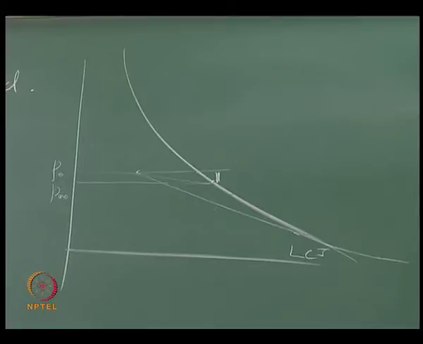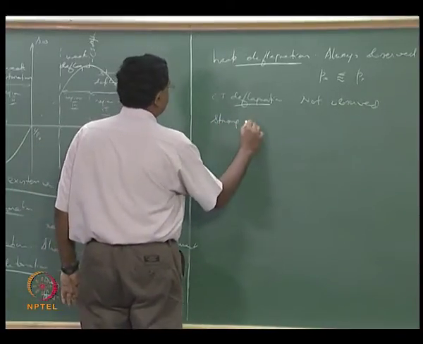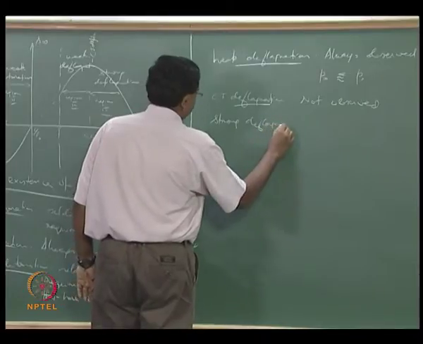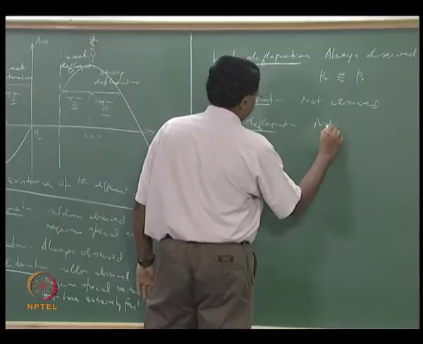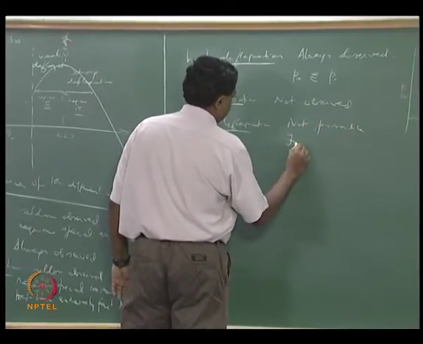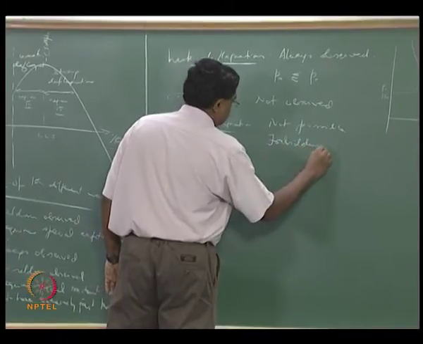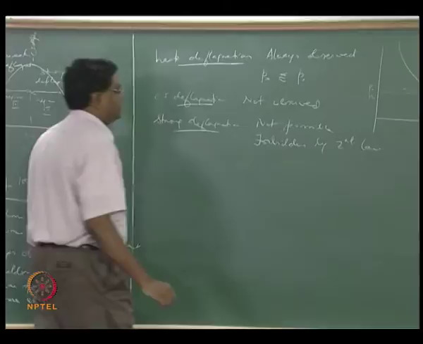And when you now finally talk about a strong deflagration, all you have to say is not possible, forbidden by the second law. This is something that we have been talking about.